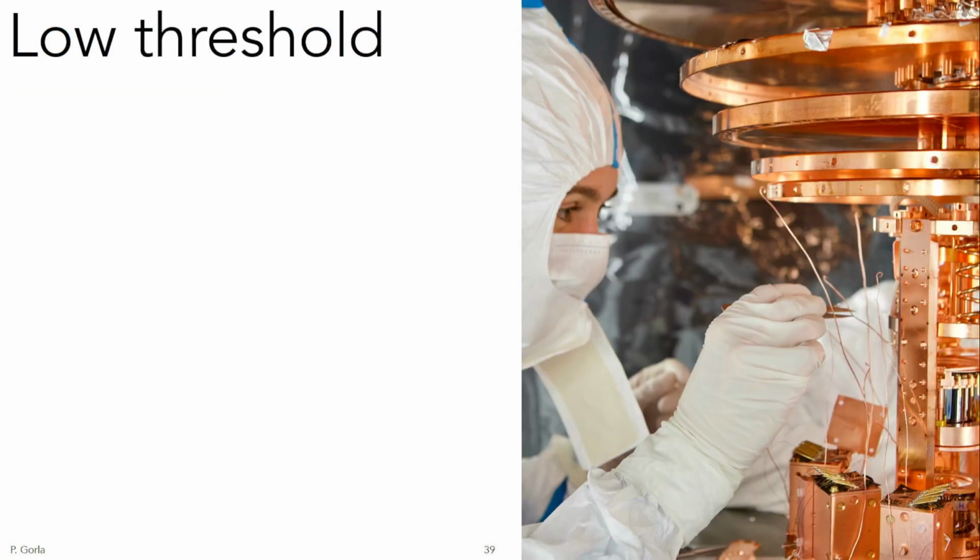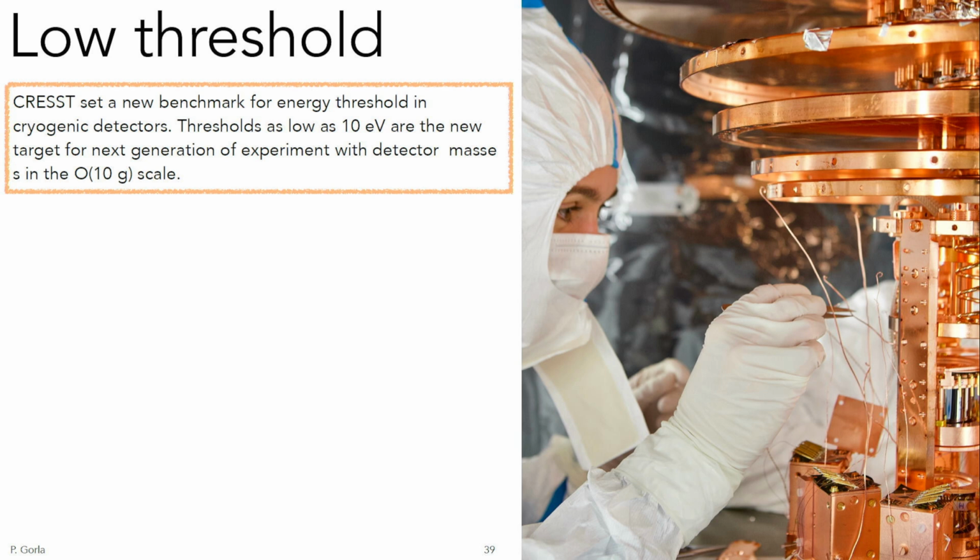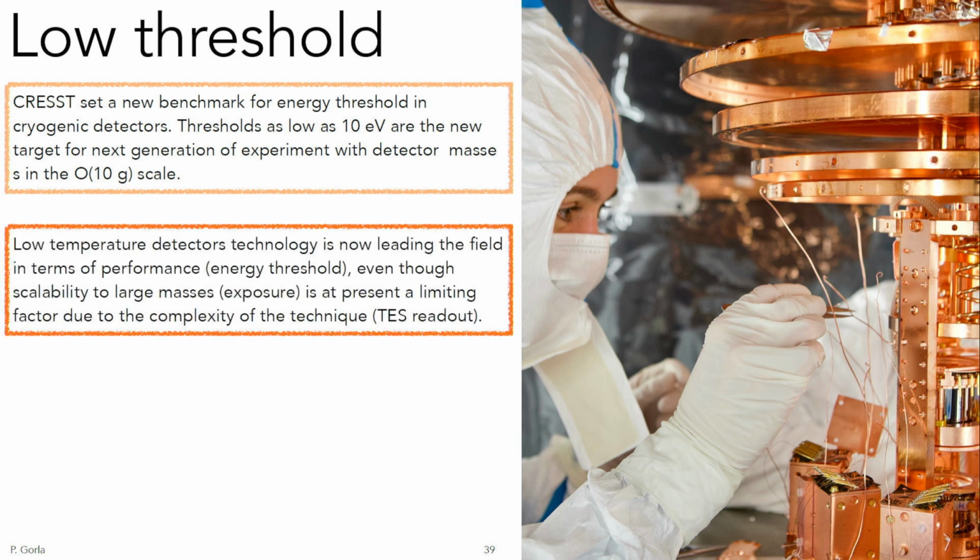So apart from the physics case, CRESST set a new benchmark for energy threshold in cryogenic detectors, and in the future we can probably aim to reach thresholds in the 10 electron volt range, and these are already the target for a number of new experiments with masses in the order of 10 or a few tens of grams, aiming at different physics processes.